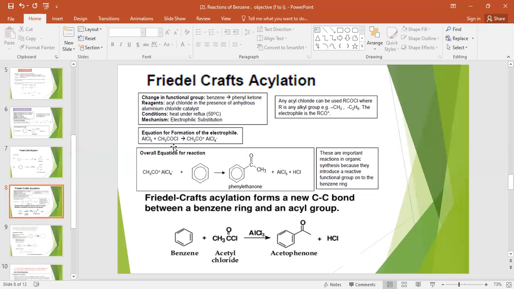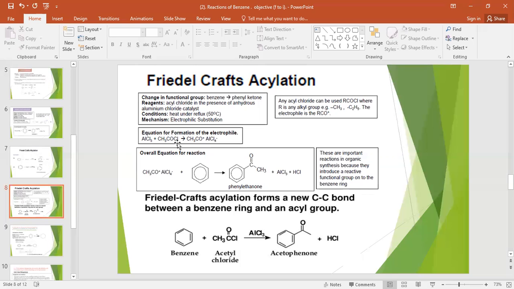Look at here how electrophile formation takes place when this AlCl3 reacts with CH3COCl, acyl chloride. This CH3COCl is actually what you can call an acyl chloride.